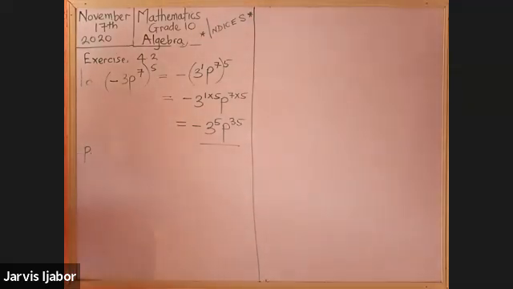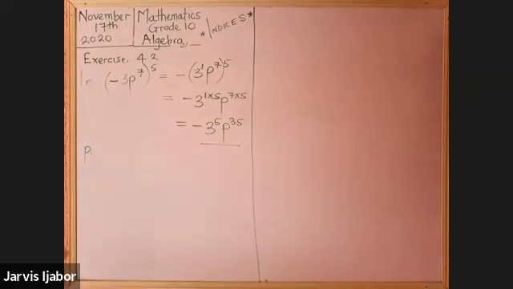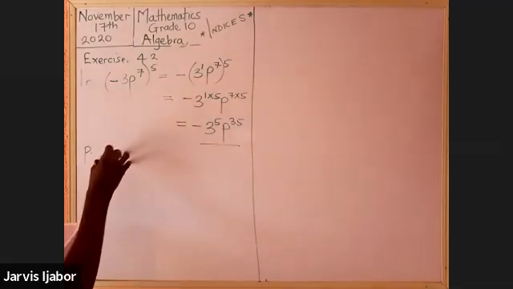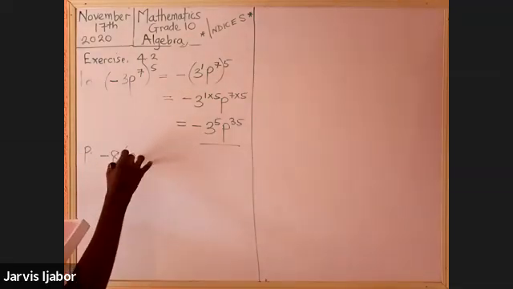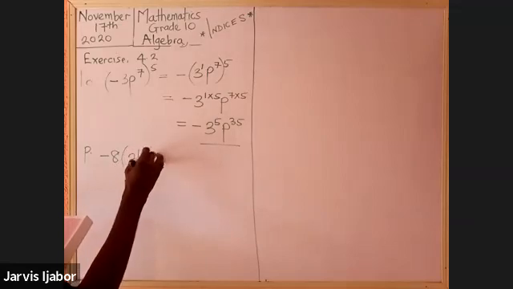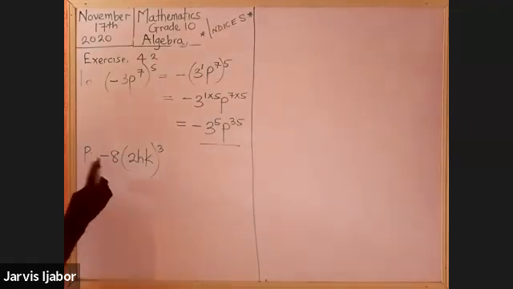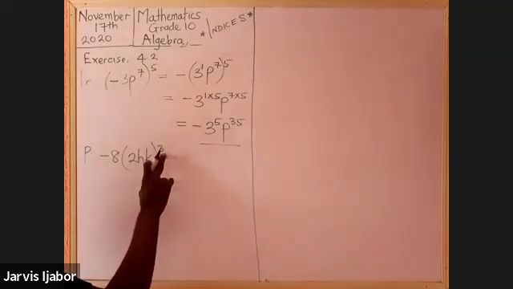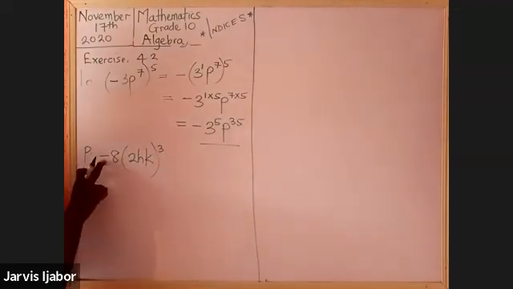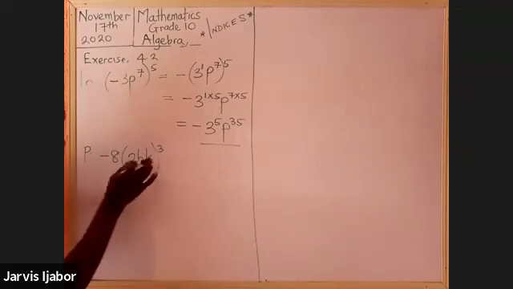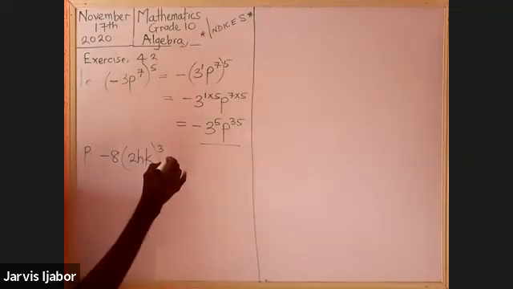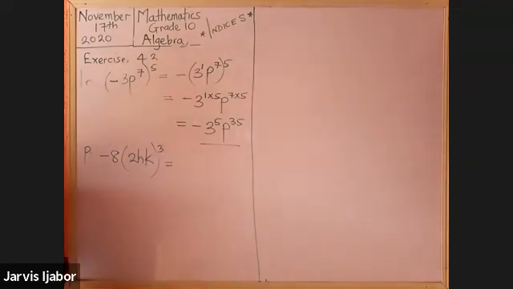What will P be? For P, it is going to be negative 8 into 2hk all raised to the power of 3. Take note of this. This power is not affecting this negative. This power affects the content of this bracket. So we're going to have something like this.